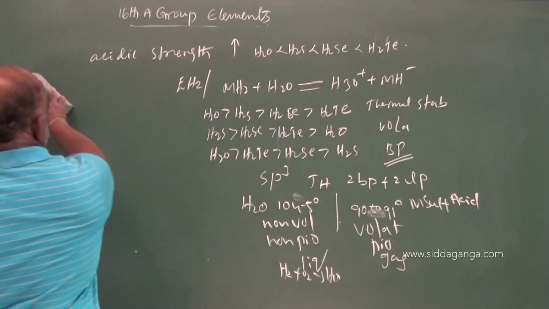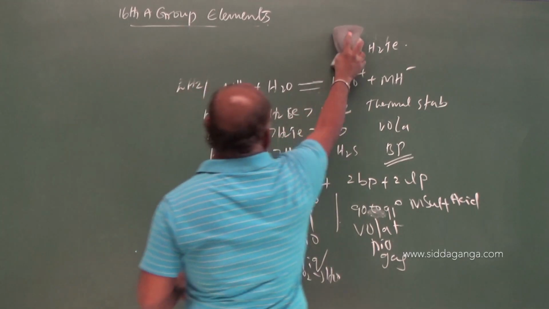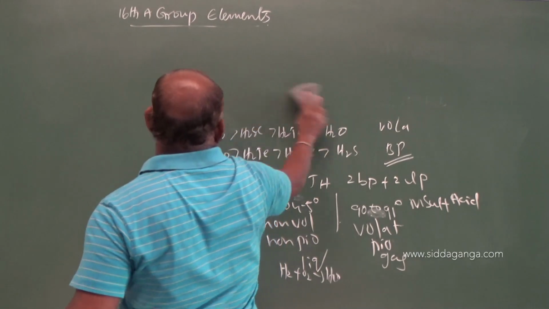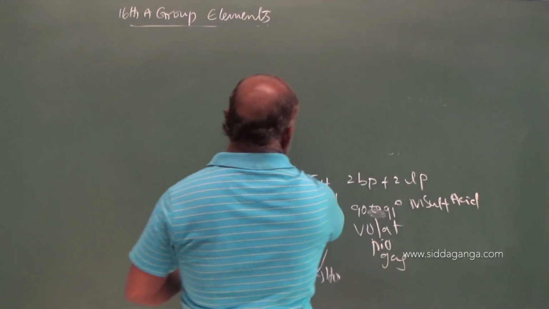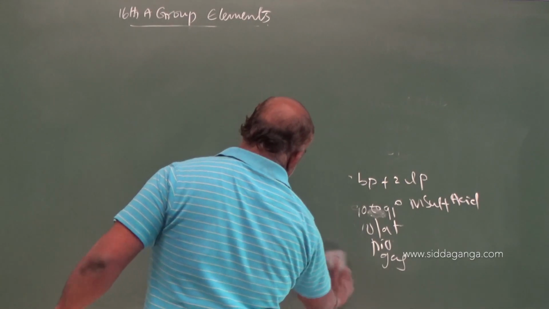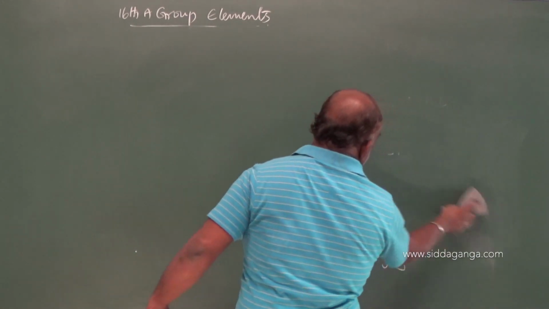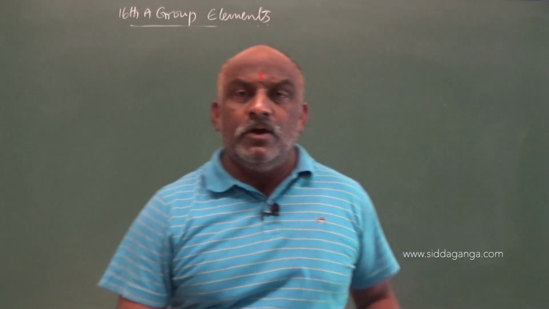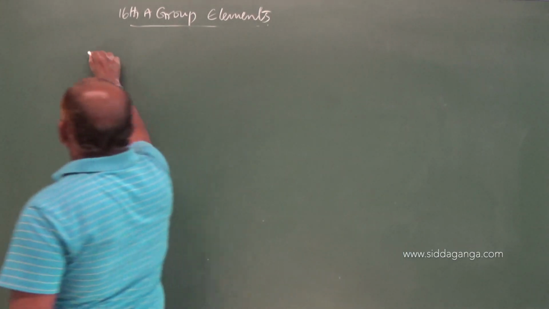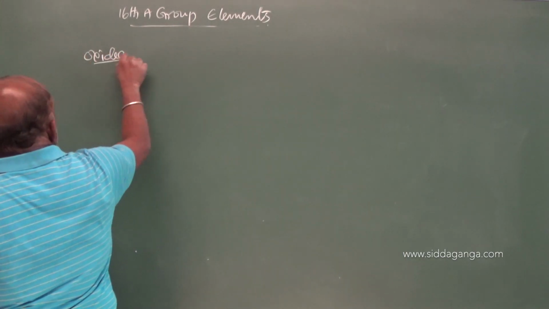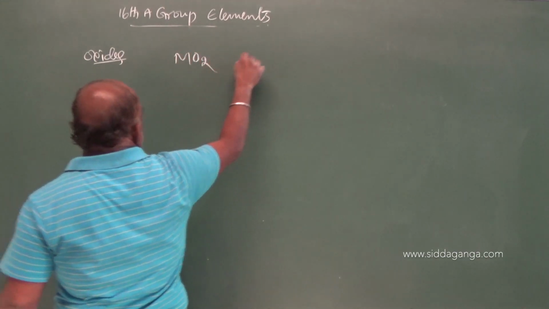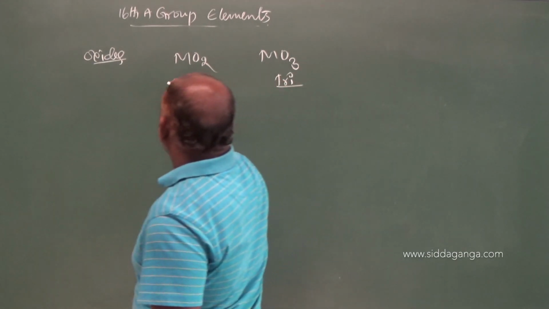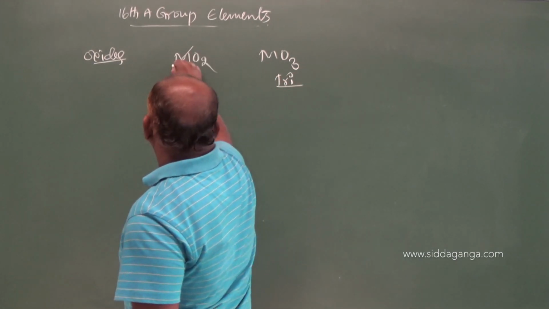Oxides: MO2 oxides and MO3 oxides. MO3 oxides are called trioxides, and MO2 oxides are called dioxides.